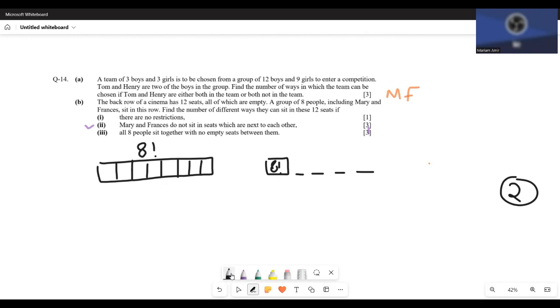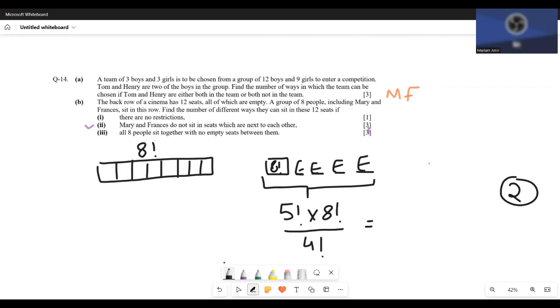So that's going to be 5 factorial arrangements of these 5 items. 5 factorial times 8 factorial divided by, there are 4 empty seats, remember? So that counts as repetition. So 4 factorial. This should give us the answer, which is 201606.